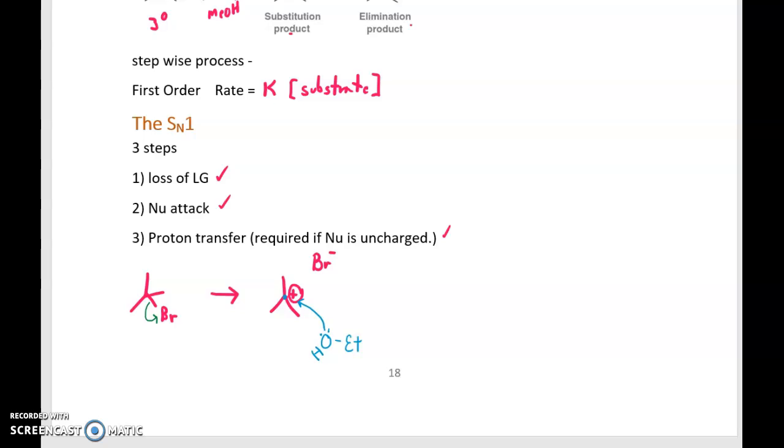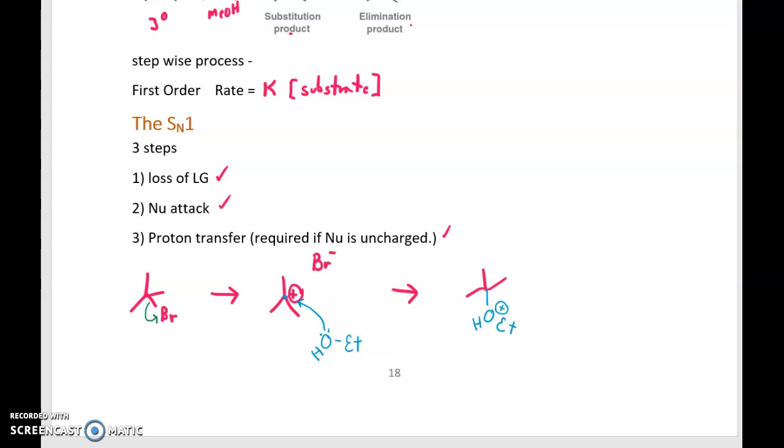And we get, let me give myself plenty of room, and this comes down here. The oxygen is the one attached, and it's of course positively charged because an oxygen with three bonds is positive.